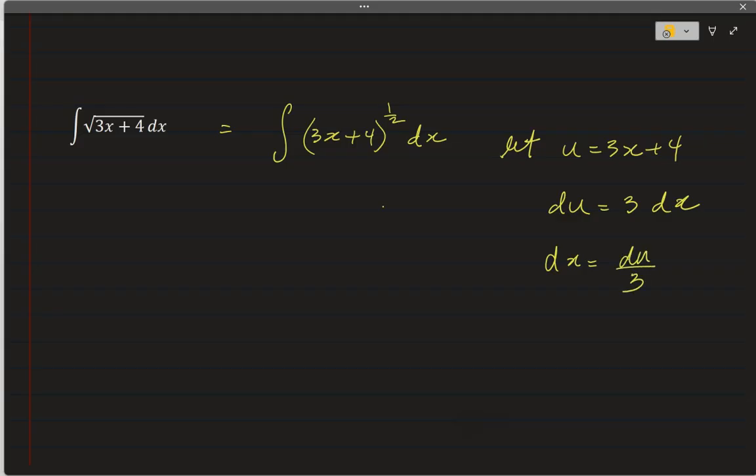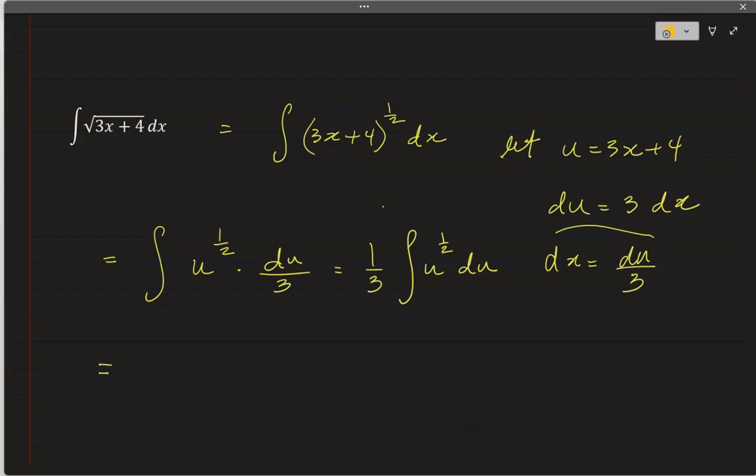Excellent. Now we're going to go back and replace this. So we have the integration of u to the half times du divided by 3. We simplify that more: 1/3 the integration of u to the half du. Once we have this, we can go ahead and solve.